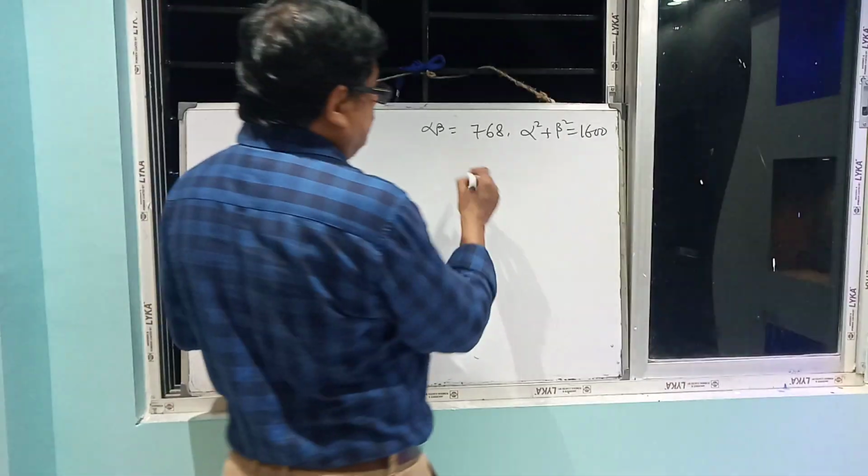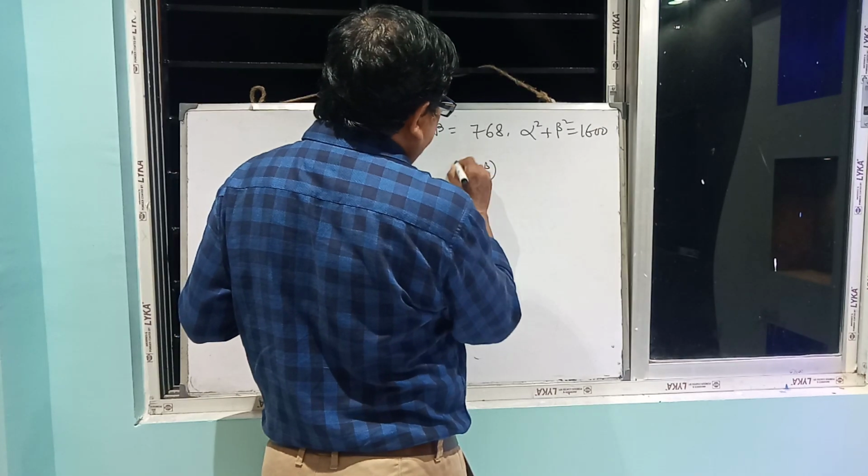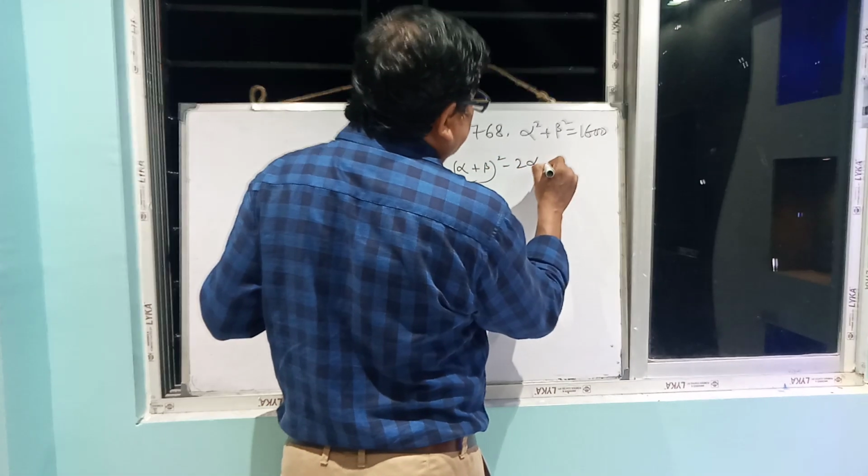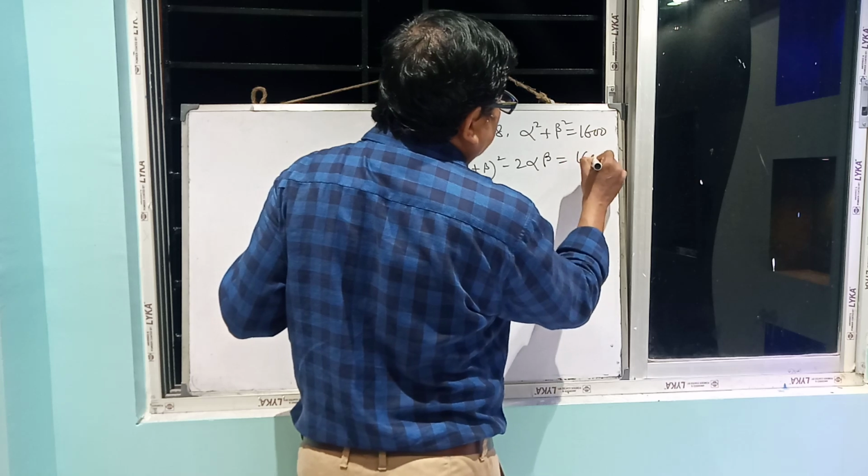So write first: alpha plus beta whole square minus 2 alpha beta equals 1602.